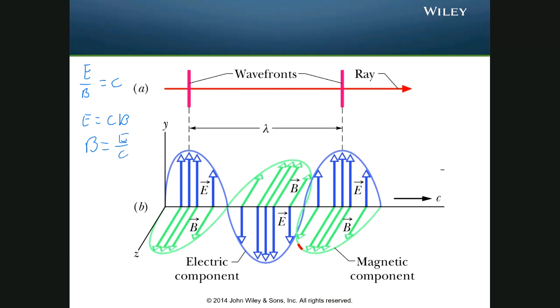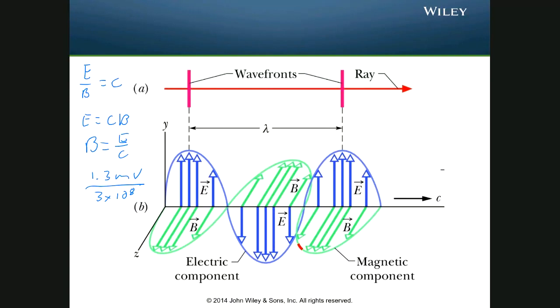All right? So that means that if you can get an electric field of, say, 1.3 millivolts, that would be a small electric field, right? To measure the corresponding magnetic field, you'd have to divide this small number by 3 times 10 to the 8th. How's that for a small number? You're decreasing the order of magnitude by almost 8.